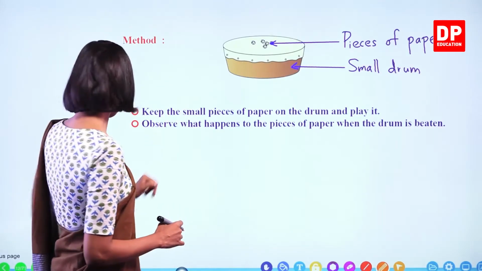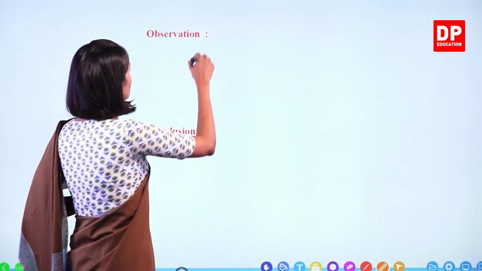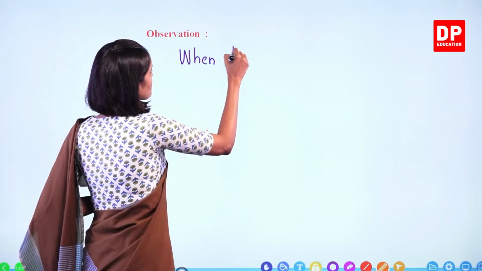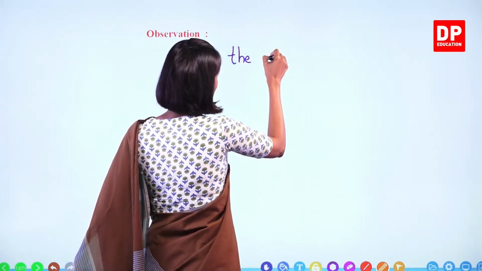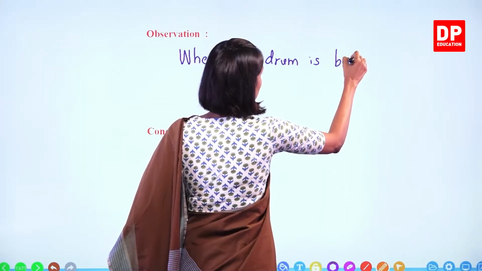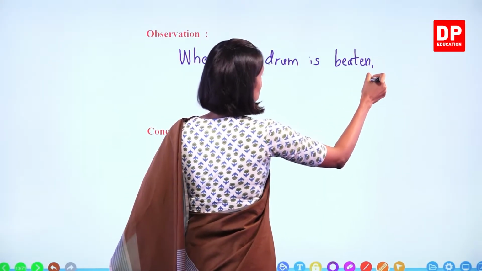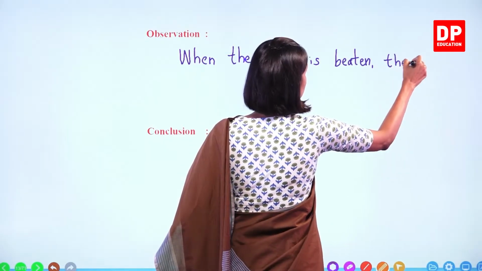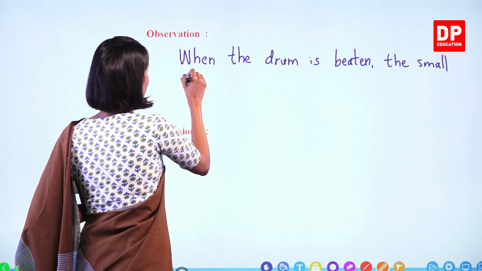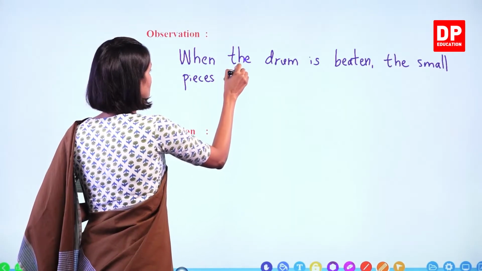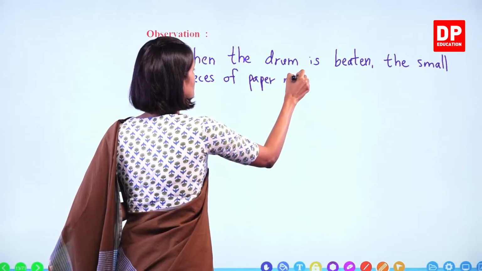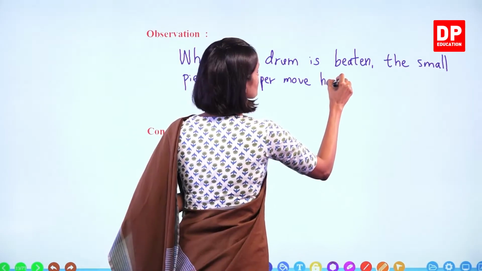Okay, children? We'll write the observations. Observation: when the drum is beaten, the small pieces of paper move here and there.